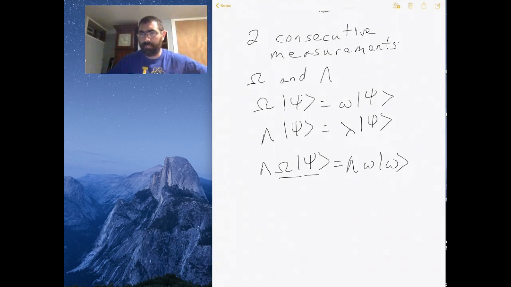The eigenvalue is just a number, so I can pull it out front, and I get the operator lambda operating on the state omega.